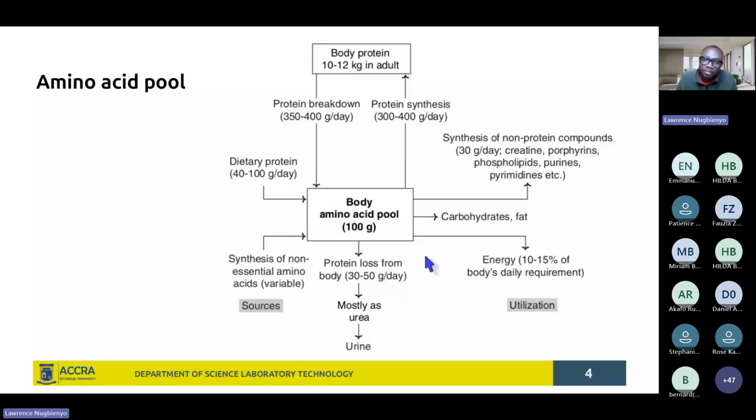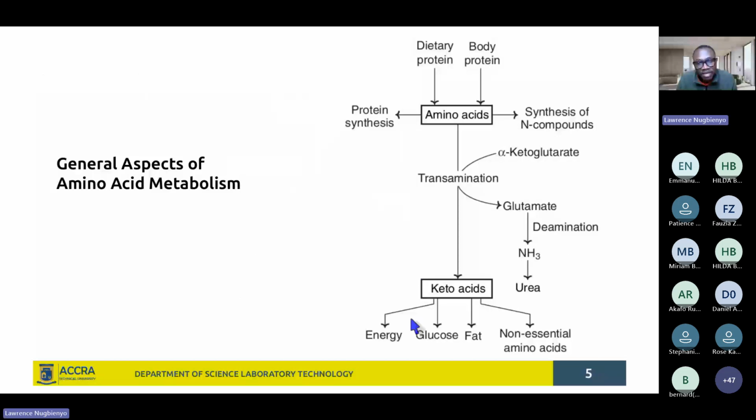Now, we can take a look at some general aspects of amino acid metabolism, building on that. So we have just seen that amino acids are gotten from, say, dietary protein. And we also get the amino acids from the proteins that are synthesized.